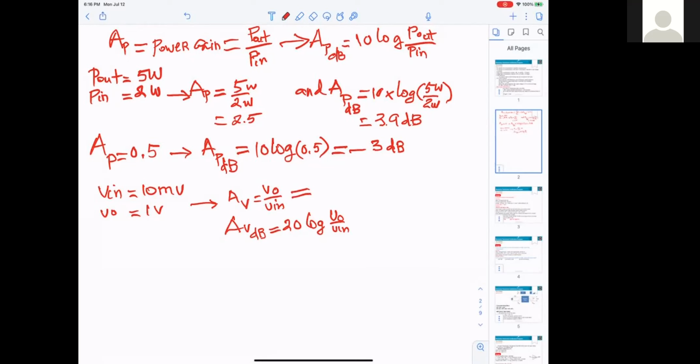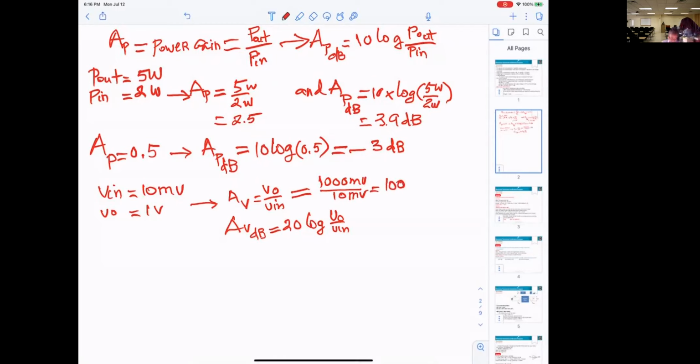100. 100, correct. You get 1 volt, but we are in millivolt, so they have to be the same unit. That 1 volt will be converted to 1,000 millivolt, divided by 10 millivolt, and that will be 100.